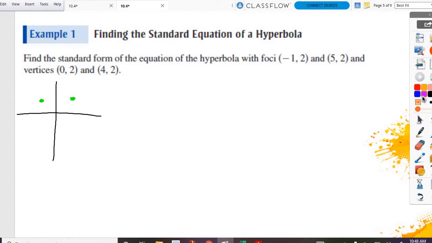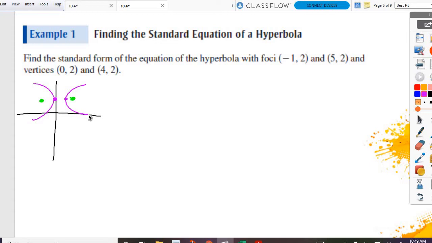And then our first vertex is going to be on our y-axis. And our second one is going to be to the right of that. And which direction are my parabolas going to open? To the left and to the right. Because remember, the foci have to be inside of your parabola.